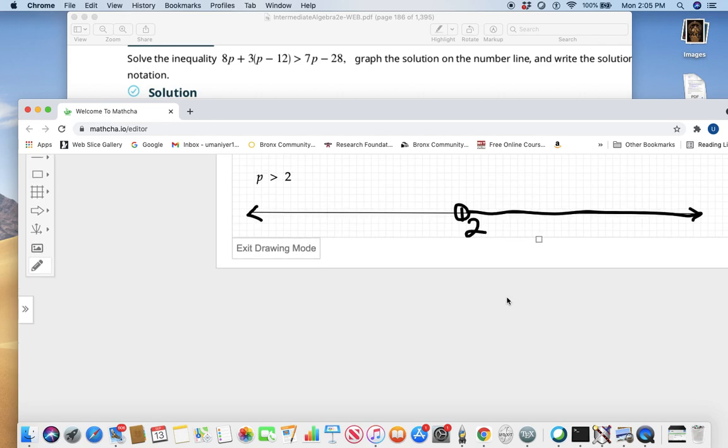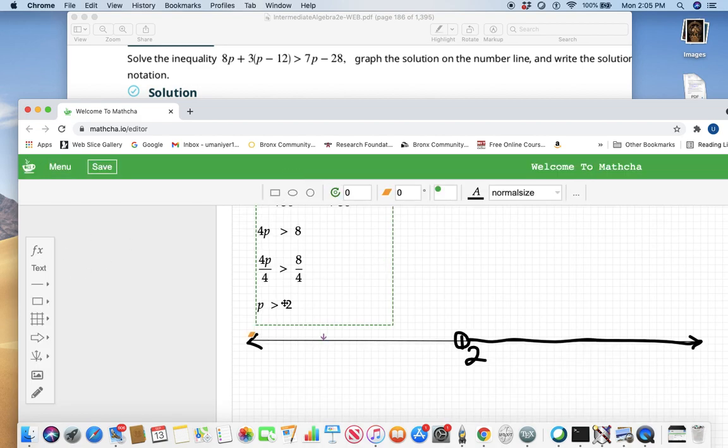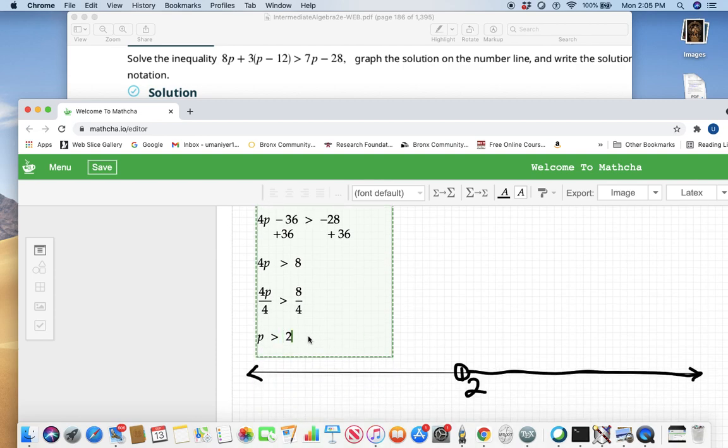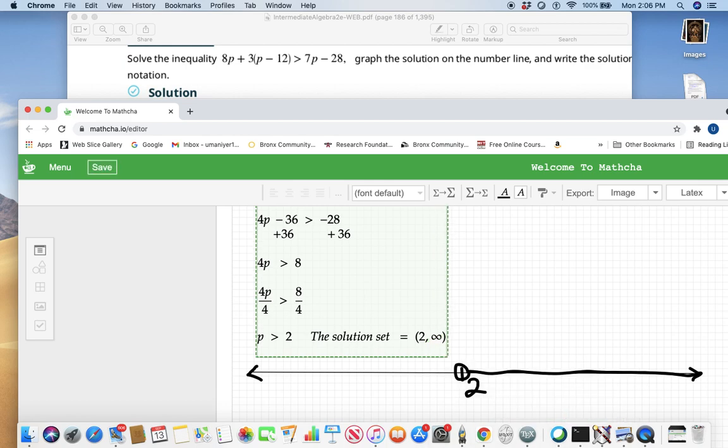Okay, and it goes on forever. So the solution set is equal to, start from off your graph, the leftmost point is 2 and it's excluded, so it's parenthesis 2. Rightmost there is no point, so it's infinity, open.